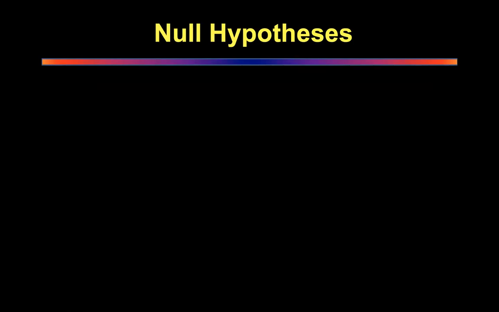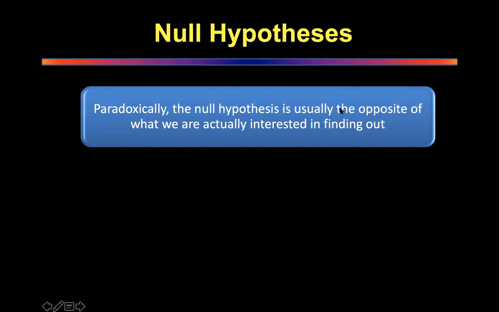Paradoxically, the null hypothesis is usually the opposite of what we are actually interested in finding out. So if you want to say that smoking causes cancer, then the null hypothesis says smoking does not cause cancer. That's how you start your study.